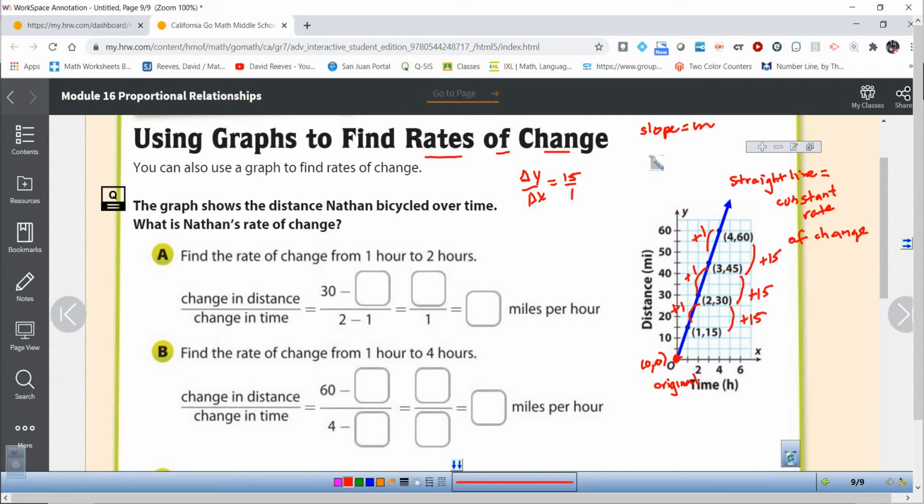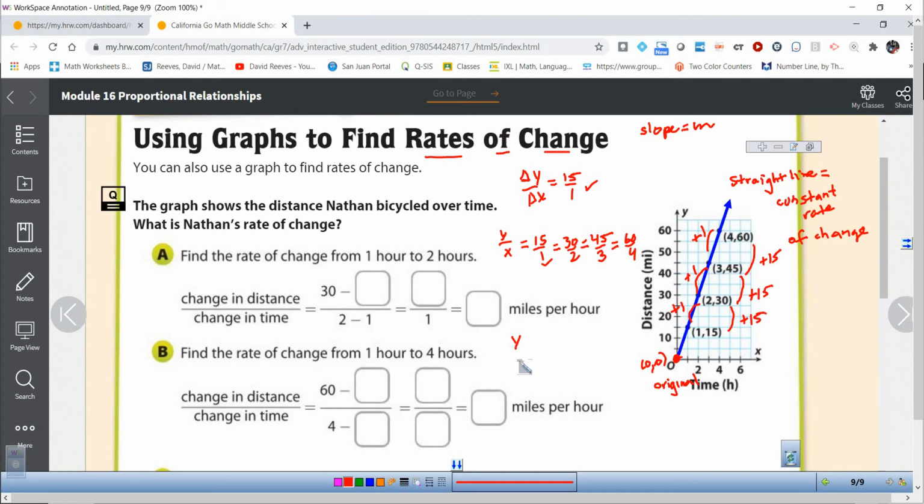But remember what we just said previously. Because this is a proportional relationship, if I simply look at y over x, what do I get? I get 15 over 1. I get 30 over 2. I get 45 over 3. And I get 60 over 4. Those also equal 15 over 1. So this is what we're going to end up with, okay?